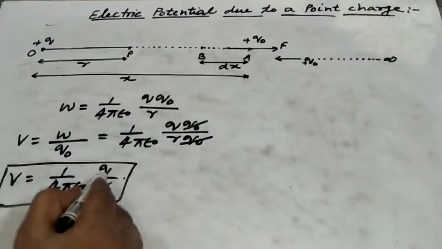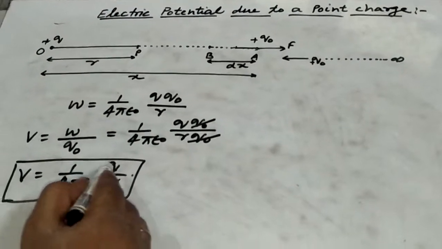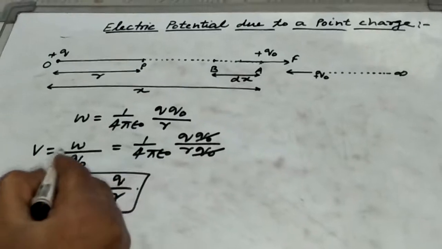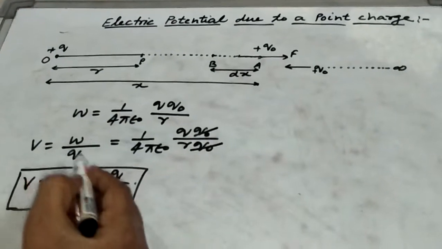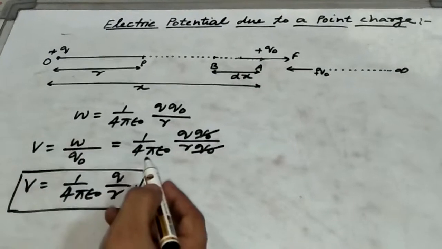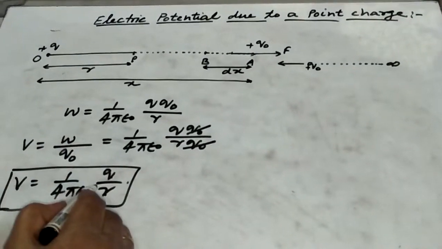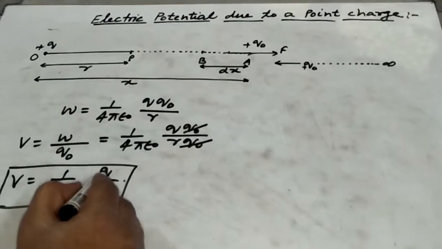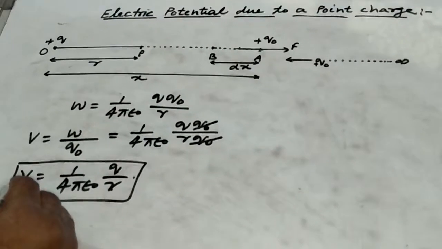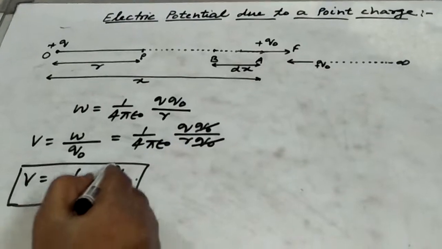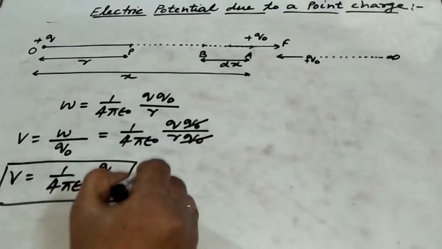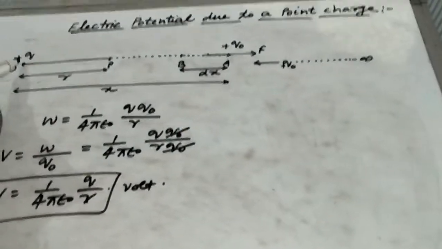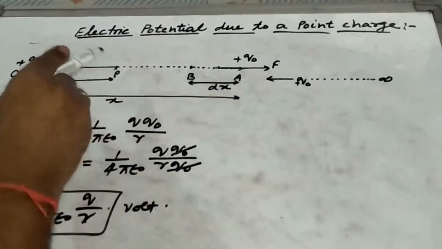You are not taking the sign of the charge in electric field or Coulomb force or in electric dipole moment. Why? Because all these are vector quantities. But when you calculate a scalar quantity in electrostatics, then always you consider the sign of the charge here. And V is equal to 1 upon 4 pi epsilon naught Q by R. Even electric field due to this charge plus Q at distance R is how much here?